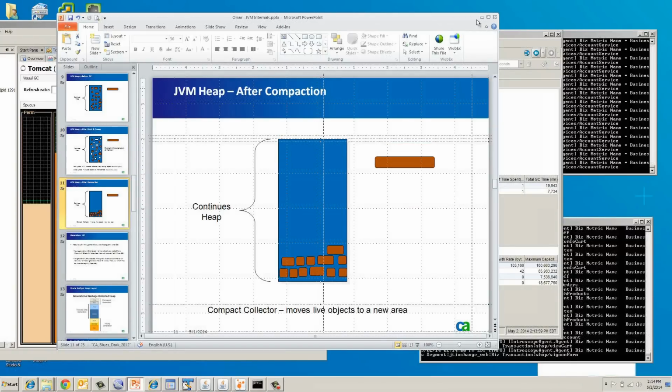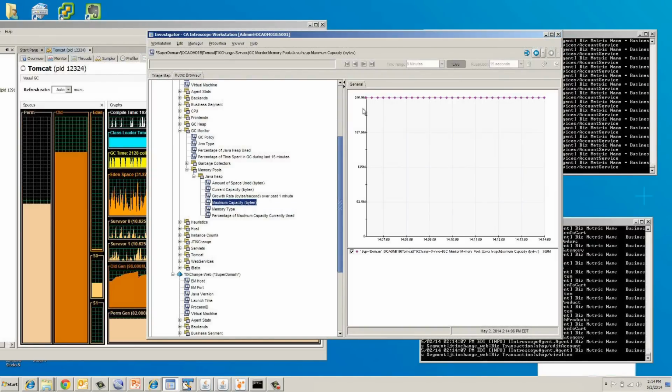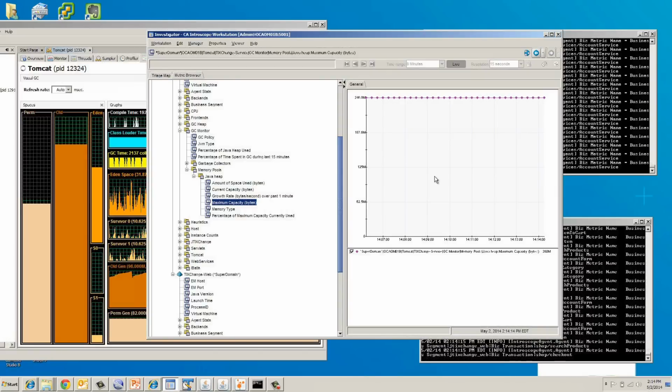This continuous heap. This is what we're looking at right now, right? So again, I'm going to look at my maximum capacity. I see that I'm around 250 megs. So that's the total size of my heap, where I'm going to store class definitions, new objects, as well as old objects, long-lived objects. I don't have a distinction. Everything goes into the same bucket.